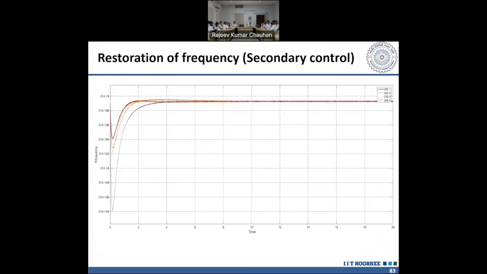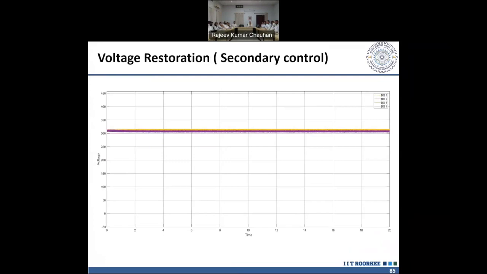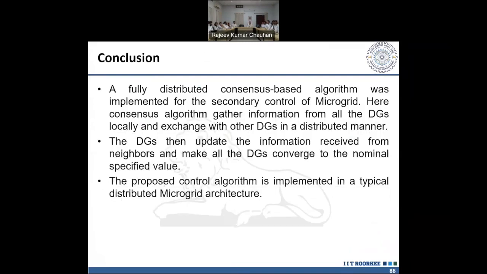Now here, due to this control, we are restoring the frequency. Initially the frequency had dropped, and now using this secondary control, we can restore the frequency. And these are some supporting curves here. Voltage and frequency both can be restored using the secondary control.